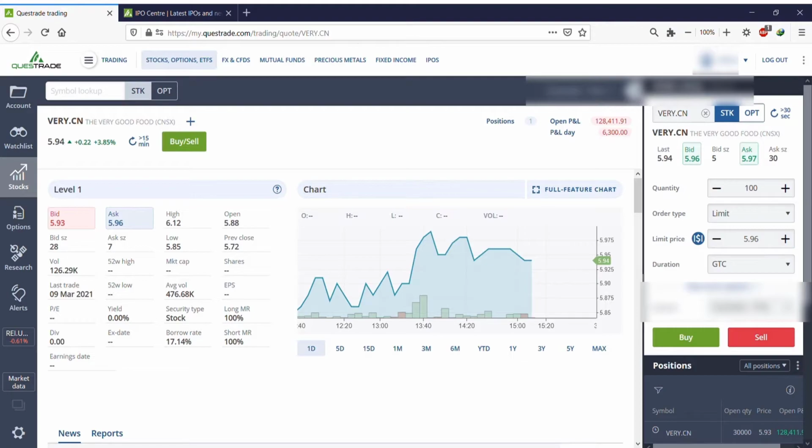Or if I was selling, I would add 2 to 3 cents to the ask price. Okay, so now it's 596. If I wanted to put this order, I would put 595.